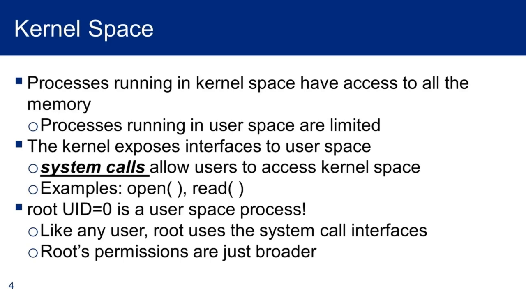And a point you may not have understood is that root-owned processes actually run in user space and use the same system call API. Root privileges are far different from system privileges. Root has more permissions than a standard user, but a root process still runs in user space.